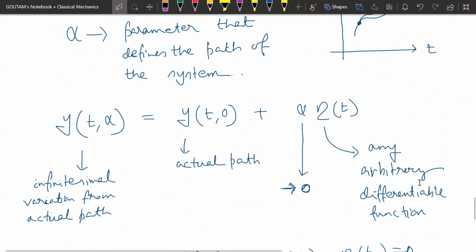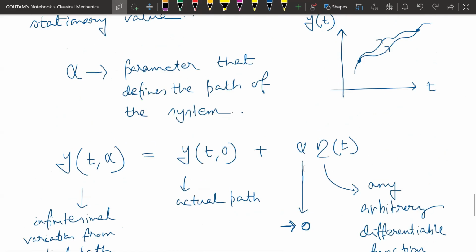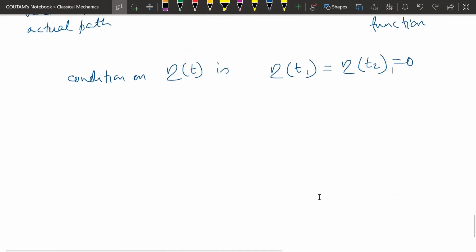This is simply because we are starting from a particular point and ending at a point. For the actual path or any infinitesimally varied path, these two end points, y at t1 and y at t2, will be the same. So eta(t) should go to 0 at these two points. That's the condition we have on eta.